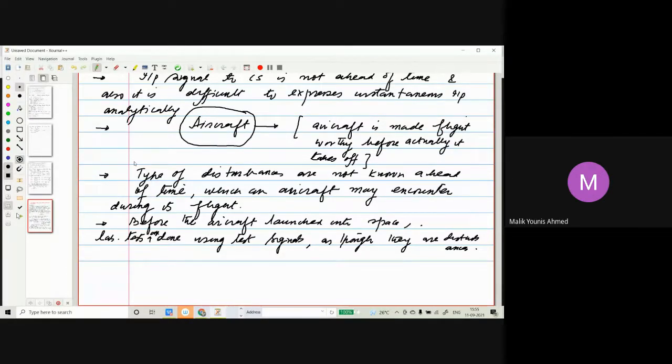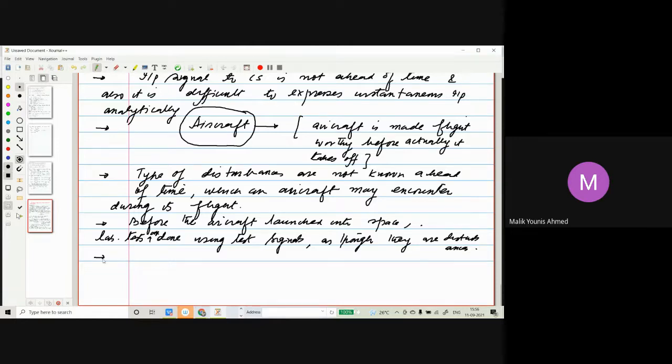Before launching it into the space, it will be subjected to numerous tests in the laboratory, and those will be input signals, test signals, as though those signals are disturbances, which it may encounter while it is in the space. The result of these test signals will determine what? It will determine the transient and the steady state behavior of the aircraft.